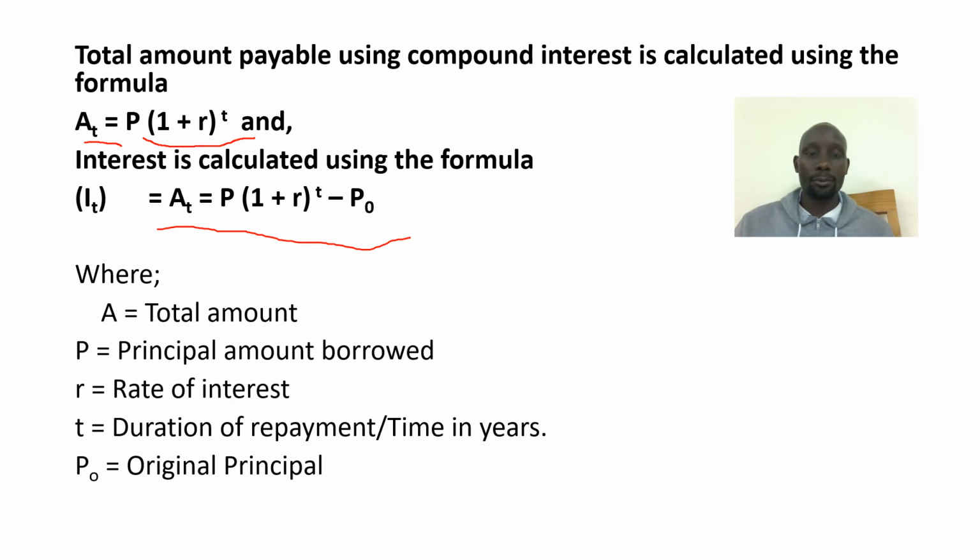These figures are defined: A is the total amount, P is the principal amount borrowed, R is the rate of interest, T is the duration of repayment or time in years, and P_0 is the original principal.